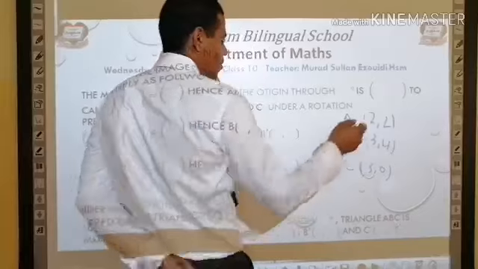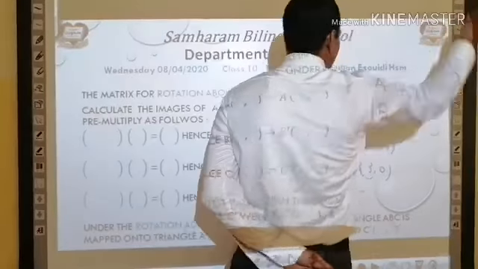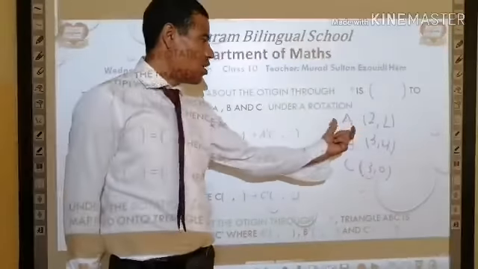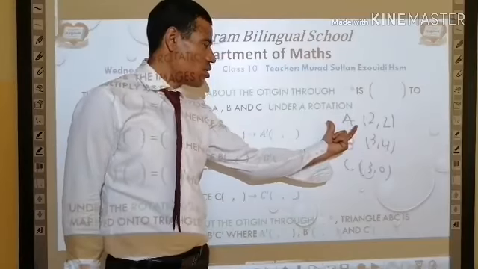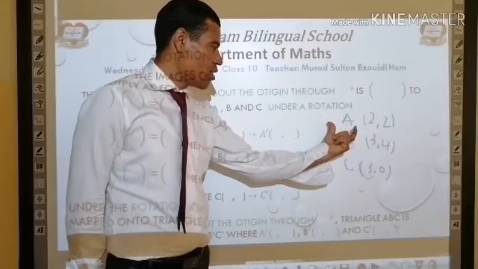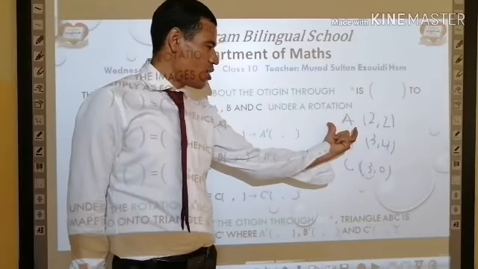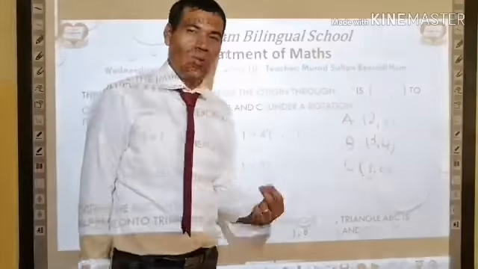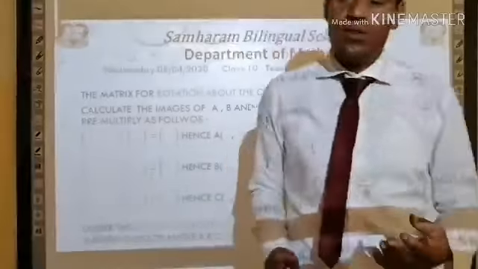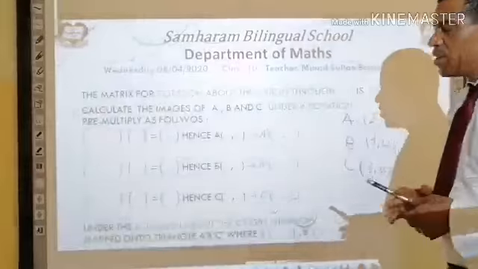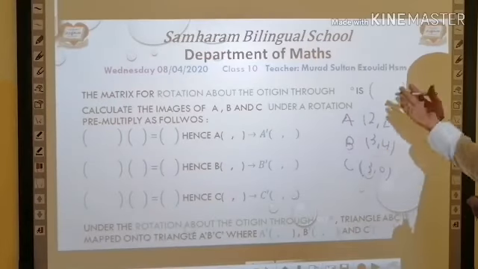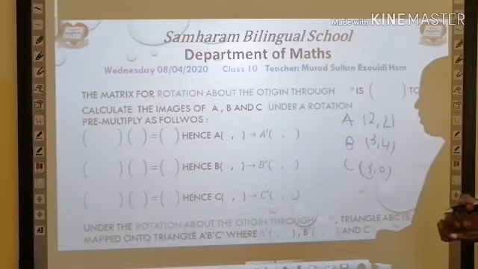Now I will try to find the coordinates of these points in the rotation about the origin through 90 degrees counterclockwise or anti-clockwise. First of all, you should work out or write down the matrix that transforms these points into their images.